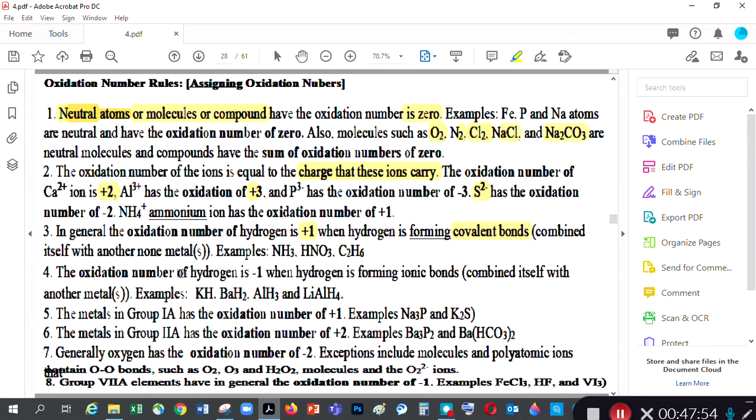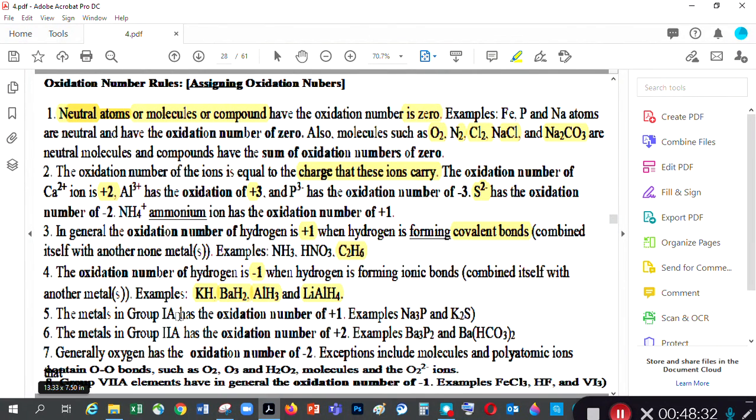But the oxidation number of hydrogen will be -1 if it's connected to a metal, like in ionic compounds such as potassium hydride, barium hydride, aluminum hydride, lithium aluminum hydride. In all these, hydrogen has oxidation number -1. But in ethane, it is +1. When hydrogen makes a covalent bond it is +1; when it makes an ionic bond, it is -1.